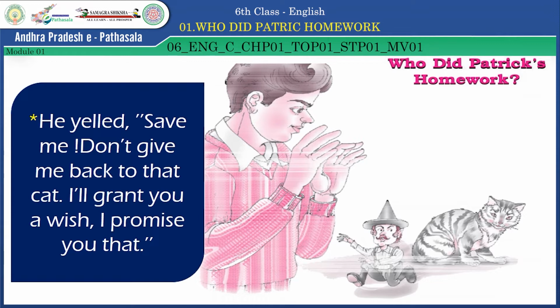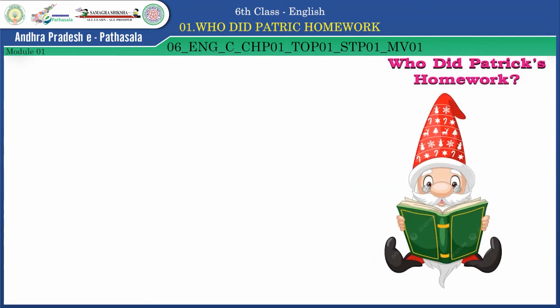I will help you with whatever you want. I promise you I will do anything for you." The little elf made a promise to Patrick: "I will do your homework." So he is sitting and studying his homework.